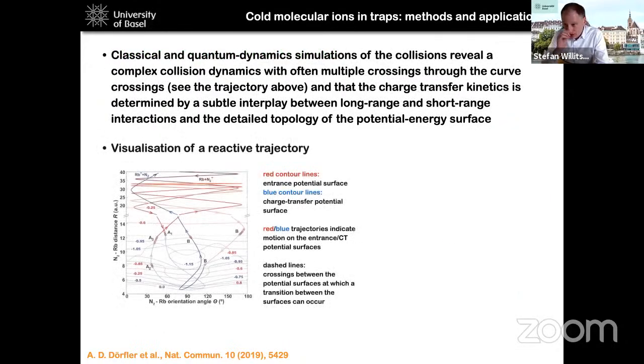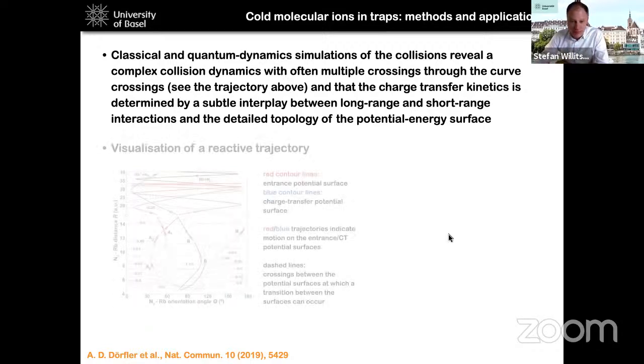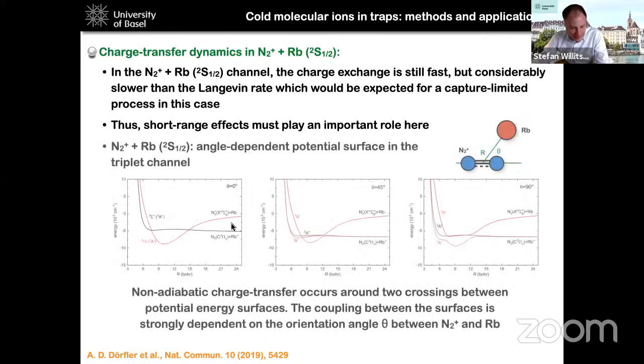So to cut this long story short, what one gets out of this is that the collision dynamics is in fact rather complex. If the two collide with one another, they enter on the red curve, and then they can be trapped in this potential well for some time.